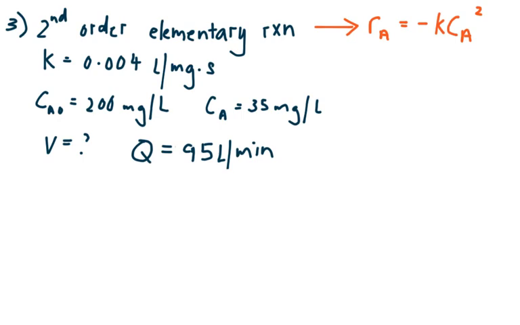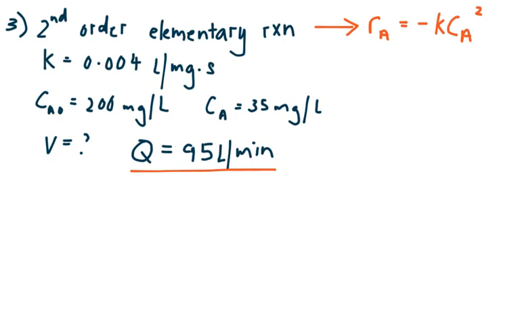Now, the first step to doing this question is you have to first guess which type of reactor they are referring to. Now, you can see that they have stated the flow rate. Therefore, it will definitely not be a batch reactor. So, technically speaking, you can guess that this will be a CSTR.